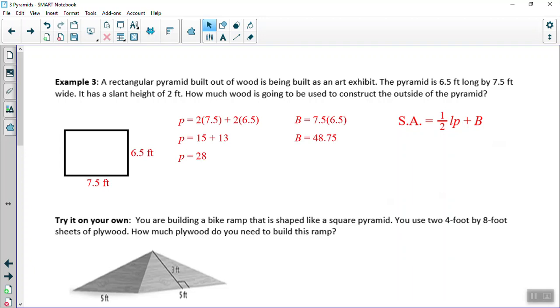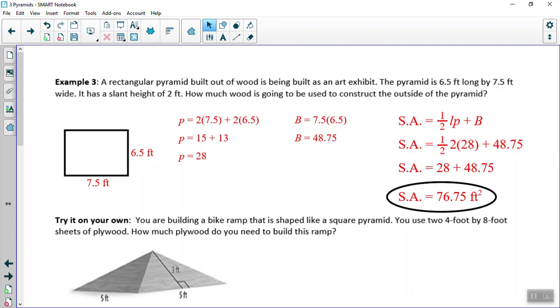Now I can take those two values and they go into this formula. My lateral, or my slant height, they tell us right here, has a slant height of 2 feet. Plug in all my numbers, do that first step of multiplication, and then I can add, and we end up with a surface area of 76.75 square feet.